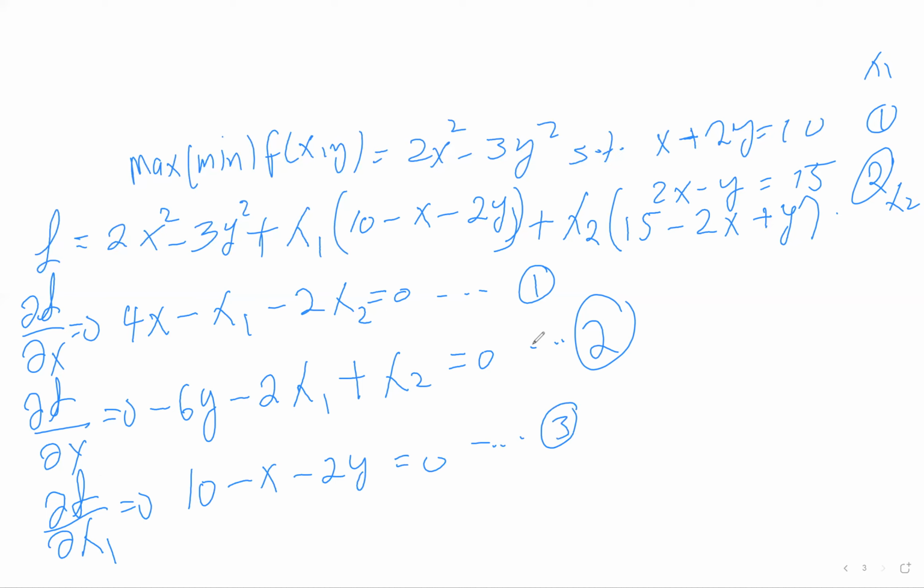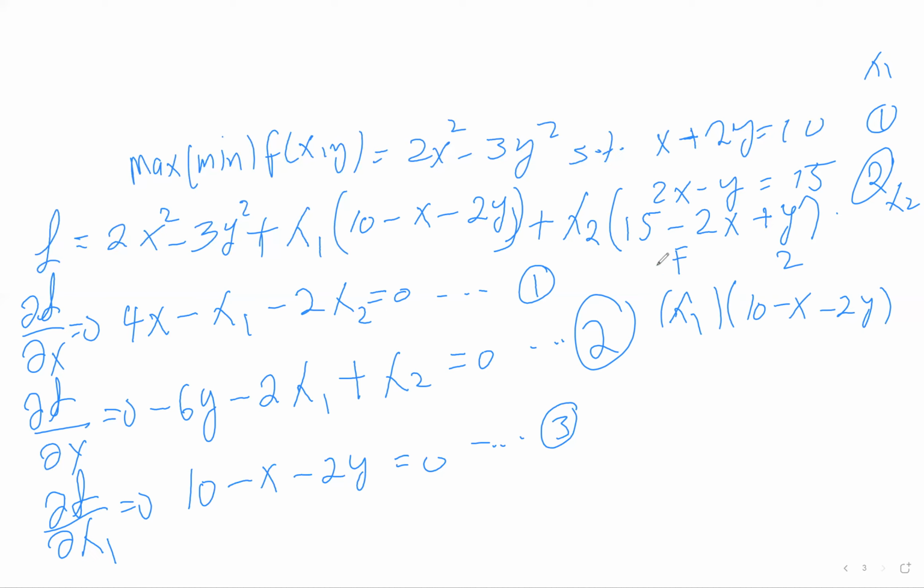So this is how it's done. We have lambda 1 times 10 minus x minus 2y. So this is a multiplication. The way we take the derivative is this is the first, and this is the second. We take the derivative of the first times the second, plus the first times the derivative of the second.